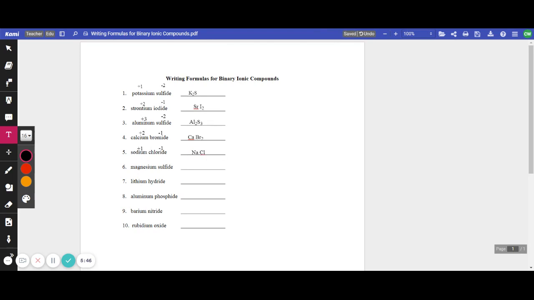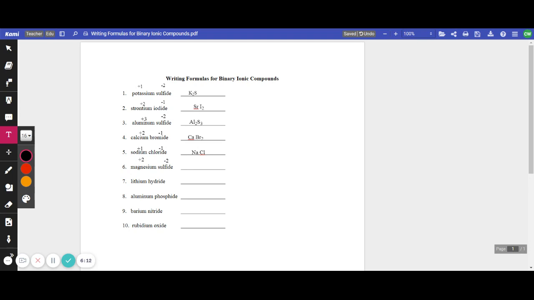All right, so we've got magnesium. It's a +2 in group 2. Sulfide is in group 16, -2. Look at that, those cancel out. This is an example where, if you use the crisscross method, you'd have a 1 and a 1, and you need to reduce those to the lowest common subscript.